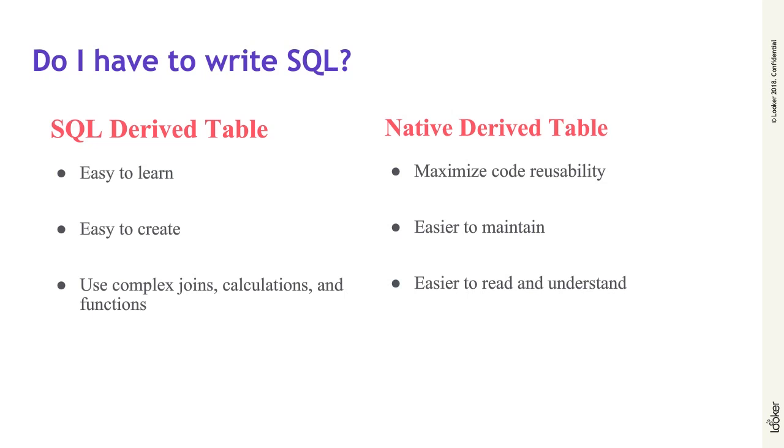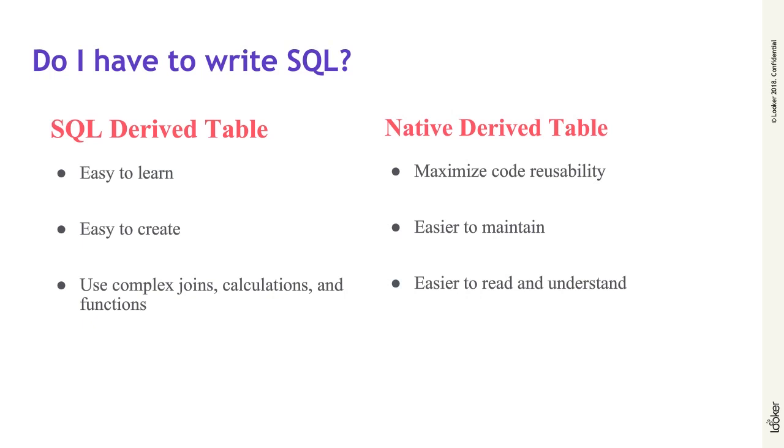So all of these, I guess, can be viewed as cons for native derived tables, but there are some big pros that you get from using a native derived table. With native derived tables, because you're not writing custom SQL yourself and you're leveraging what you've already defined inside of Looker, we are able to reuse LookML code that we've already written.